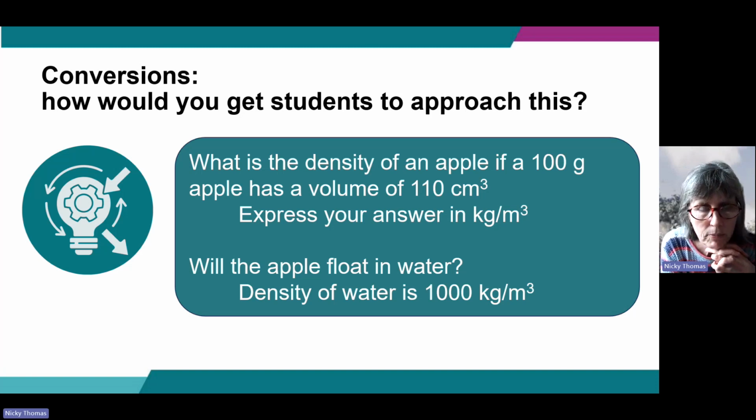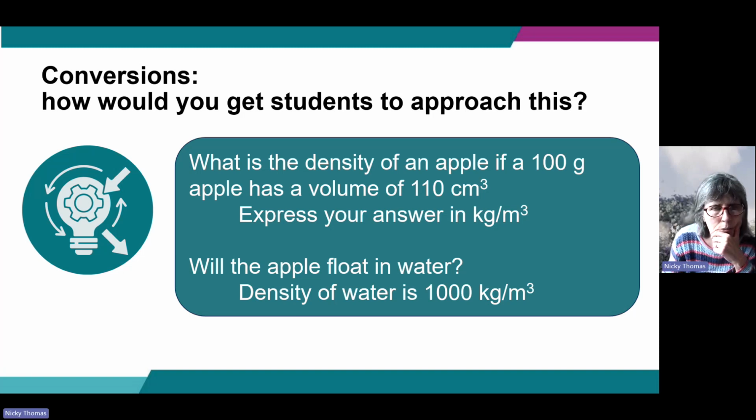So you're dividing the top half by 1,000 and dividing the bottom half by 1,000,000, because 1 centimeter is a 100th of a meter. 1 centimeter squared is 1 over 100 times 1 over 100. So 1 centimeter cubed is 1 over 100 times 1 over 100 times 1 over 100, which is 1 over 1,000,000. Okay, and the answer you should get is 910 kilograms per meter cubed.